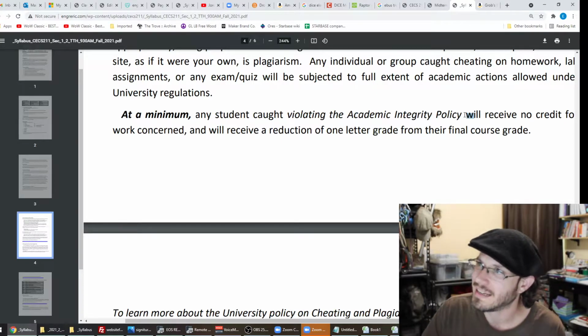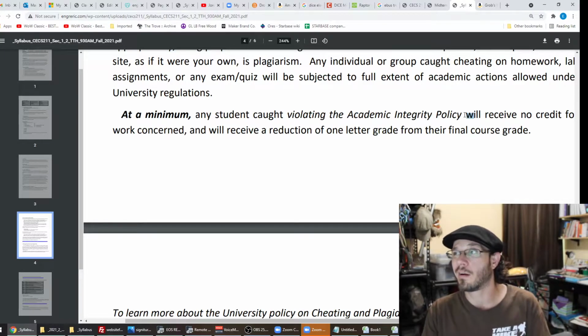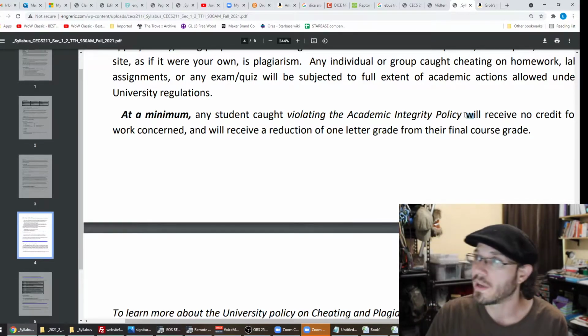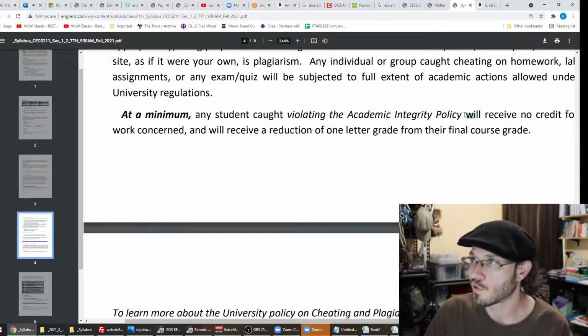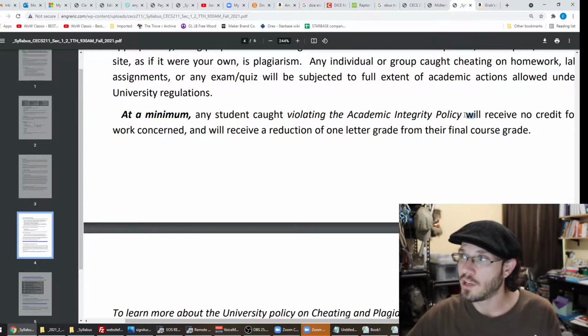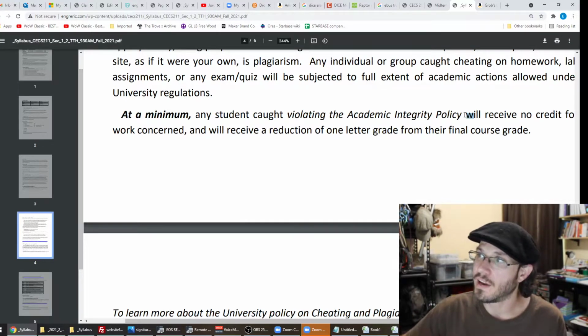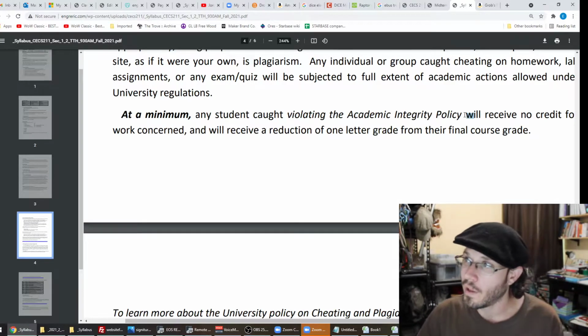Here's the other thing that is not mentioned here that was talked about in the department meeting last week, which is that there will also be notification to the school as to the cheating in question, and it is very likely that they can and will remove your ability to do a repeat delete on the class.